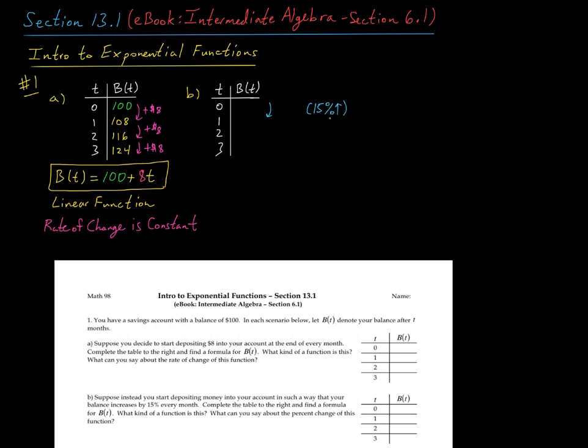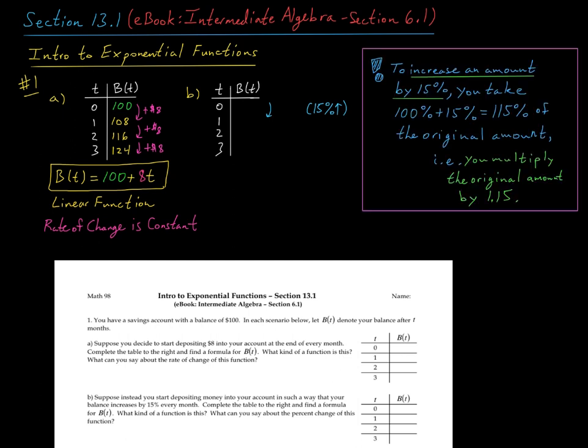Okay, well, for percent increase, let's say a 15% increase, you're taking 100% of the original amount, and then you're going to be tacking on 15% of that original amount. So in total, you're really taking 115% of the original amount.